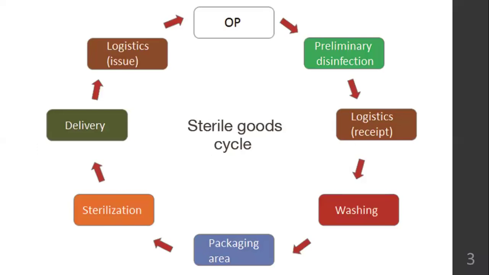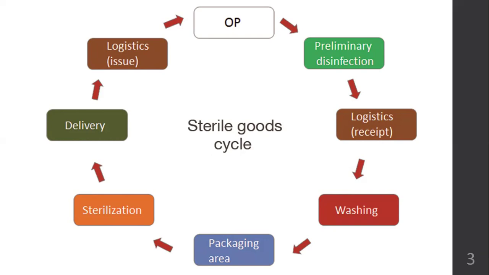So sterile goods cycle, there is a CSSD cycle, which is the same all over the world, wherever there is a CSSD or TSSD, Theater Sterile Supply Department, that is TSSD or TSSU. Everywhere the cycle is the same.